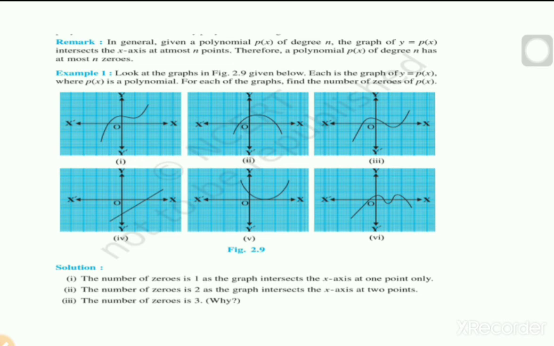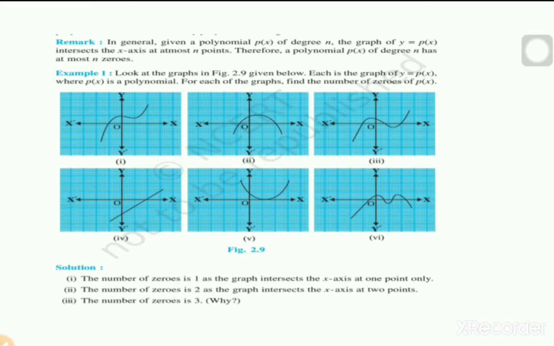After looking at the graphs of polynomials, we came to the conclusion that a linear polynomial has only one zero, but a quadratic polynomial, somewhere it has 1 zero, somewhere 2 zeros, somewhere no zero.